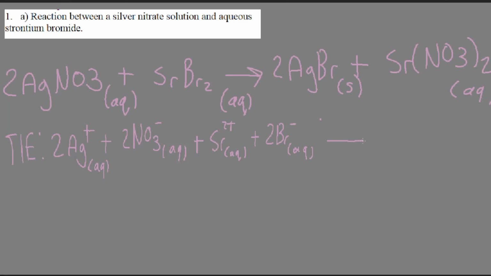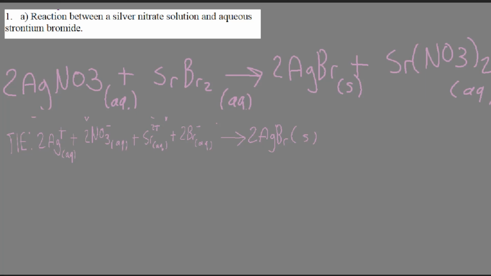Notice something here. This is solid. It doesn't actually break apart into ions. So you're gonna keep this as 2AgBr solid. Once again, we gotta make the entire thing a little bit smaller.